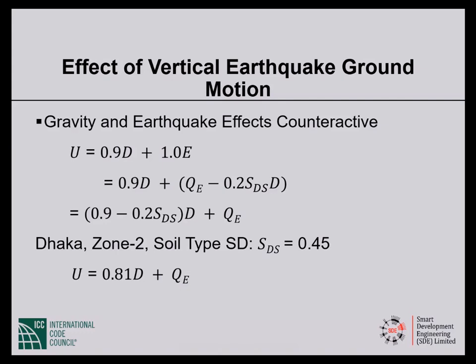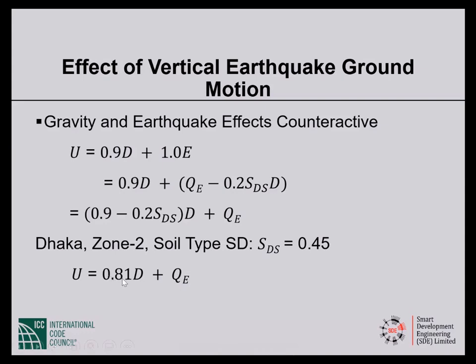For Dhaka on soft soil SD, S sub ds is 0.45. 0.2 times 0.45 is 0.09. 0.9 minus 0.09 is 0.81.